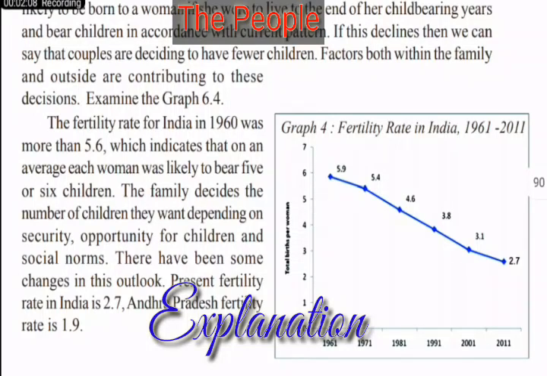But it is going to be different from now on, because parents do not go for higher children or more children, so they are adjusting themselves with 1 or 2 children.